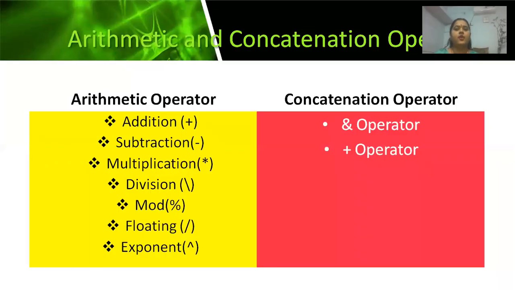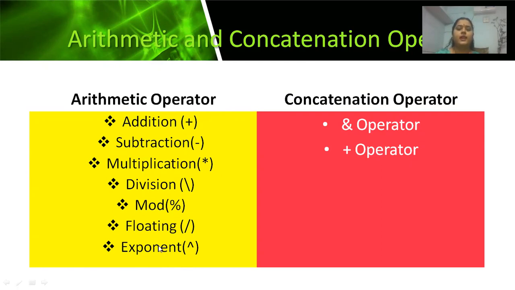The third type of operator is the arithmetic operator, and the last one is the concatenation operator. The basic arithmetic operators are addition, subtraction, multiplication, division, modulus, floating point division, and exponent. We can use all the arithmetic operators in Visual Basic.